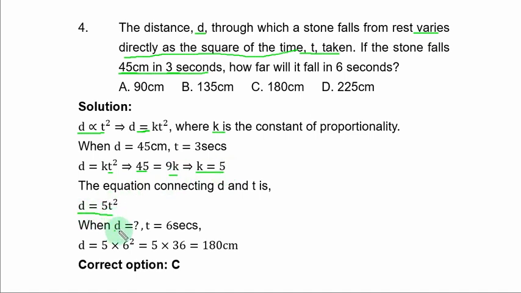Now you are asked to find D when T is 6 seconds. So in that formula, you simply replace t with 6. So you have 5 times t squared, that is 5 times 36, and you have 180 centimeters. C is the correct option.